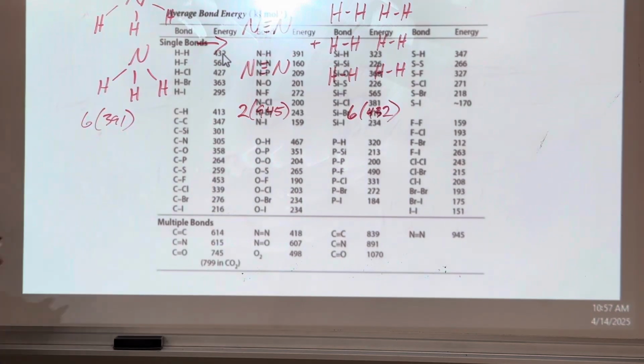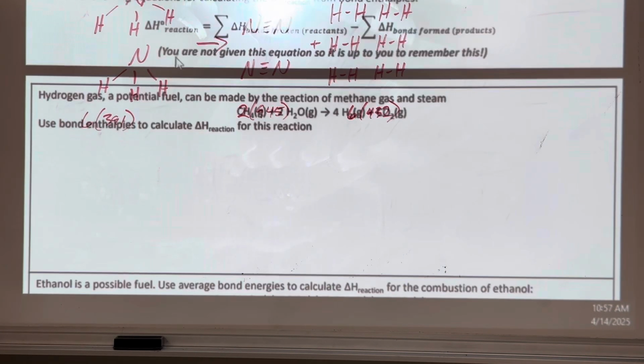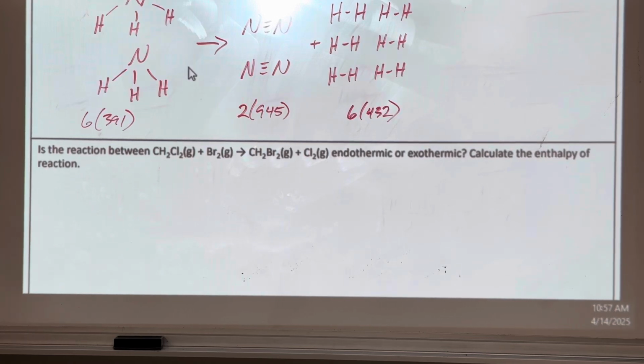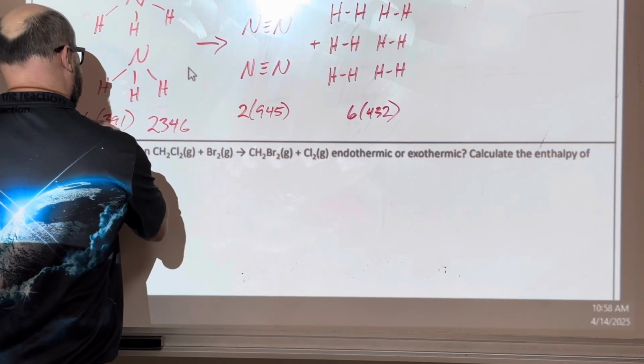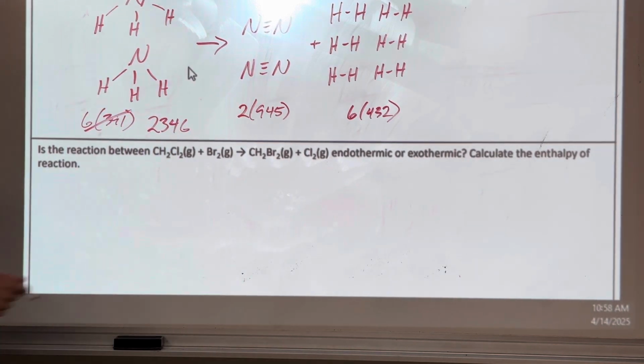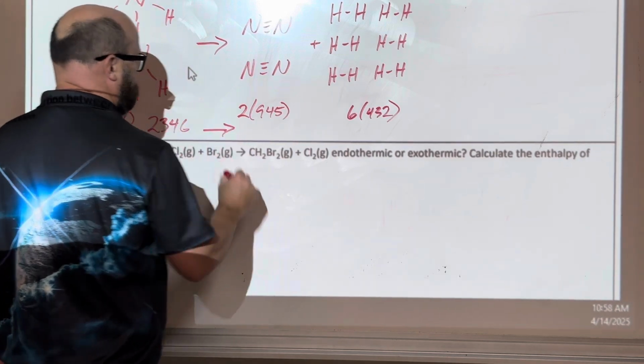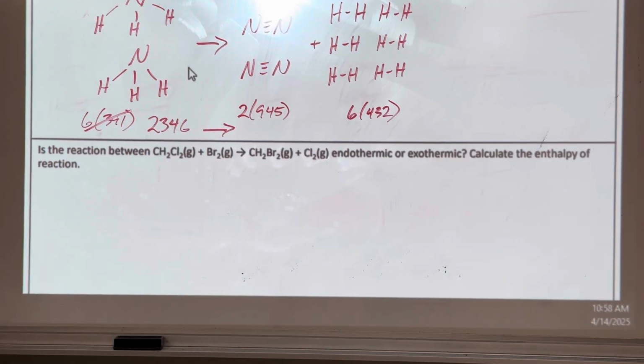All right. Now we got that information. We can go back down to our problem. 6 times 391, 2346. 2 times 945, 1890.